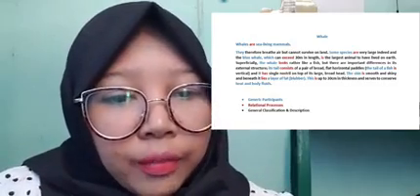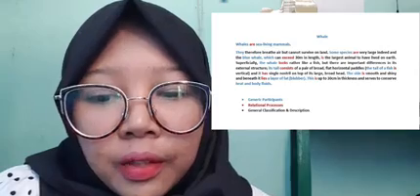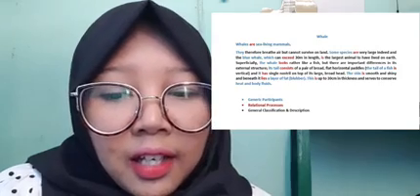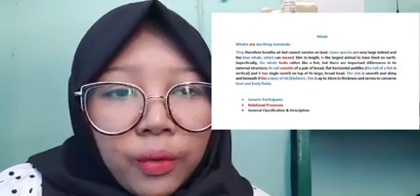It's general classification, because it's a report, so it has to include the general classification. I put the green color in here, and I have blue color for focus on generic participant, and red color for relational process, and also yellow for present tense.